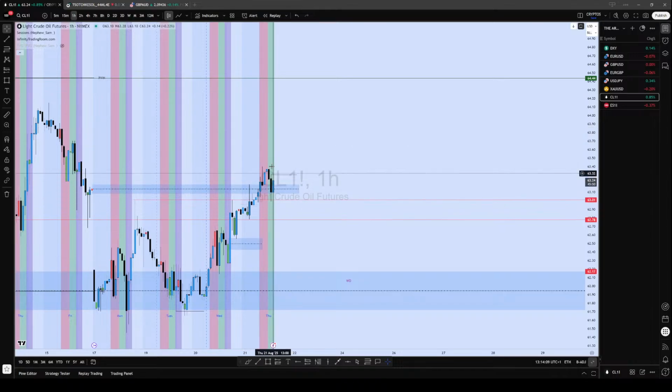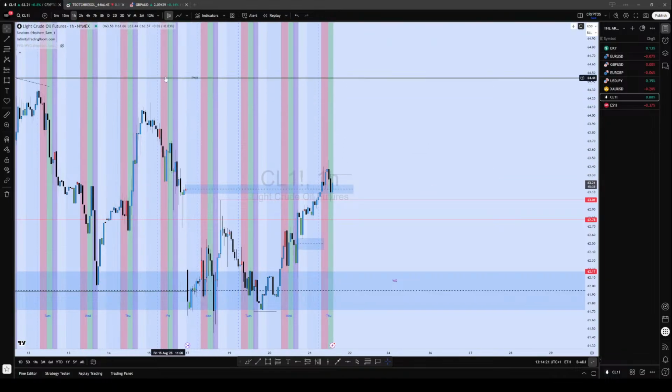But until then, I'm satisfied with the two entries that I have. If you go above this high on a closing basis, then I'll buy one more time to aim for this equal high. So crude oil is a buy.